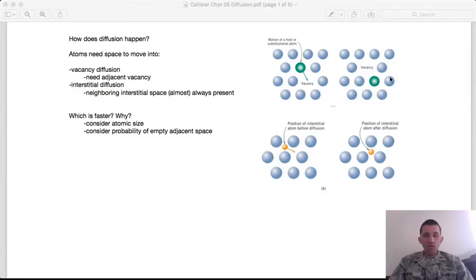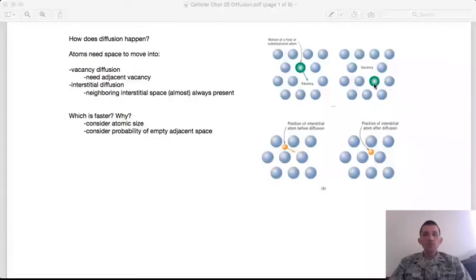So when we think about this process occurring and proceeding, you can think about two activation energies. The first is the one required to create the vacancy in the first place. And if you think back to the Chapter 4 material, there was an equation that described the number of vacancies in terms of the activation energy and the temperature of the system.